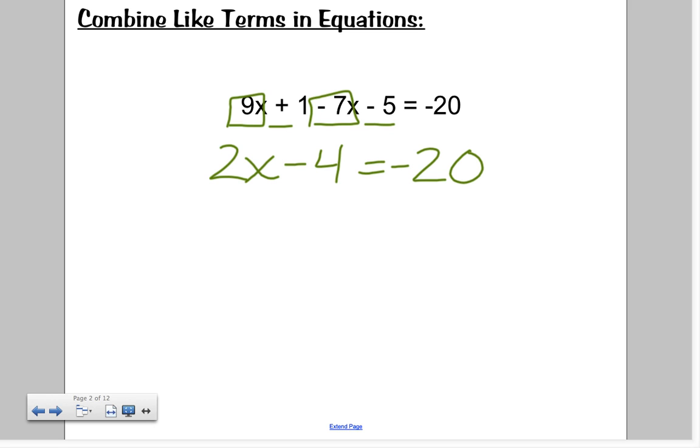You should have two operations only. And then that goes back to your two-step problem. Go ahead and solve this. Go. On your own.